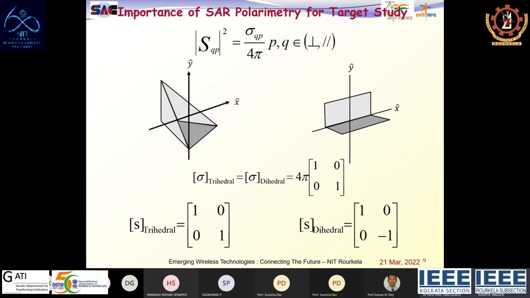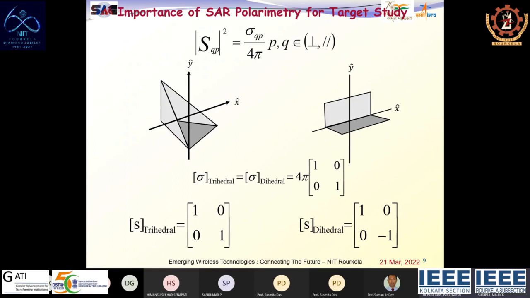What is the advantage and why should you have polarimetry? I just wanted to tell you this once, and then I'll go on to the examples of the actual remote sensing images. If you have trihedral or dihedral corner reflectors like this, the geometry is totally different for both. But if you look at the backscatter, then your backscattering will be just HH and VV. If you transmit in H, you'll receive 100% in H, and if you transmit in V, you will get 100% back in V, in both cases.